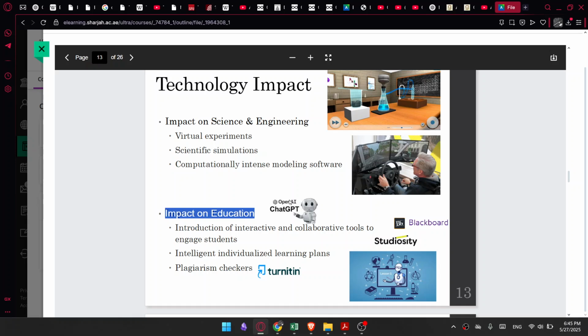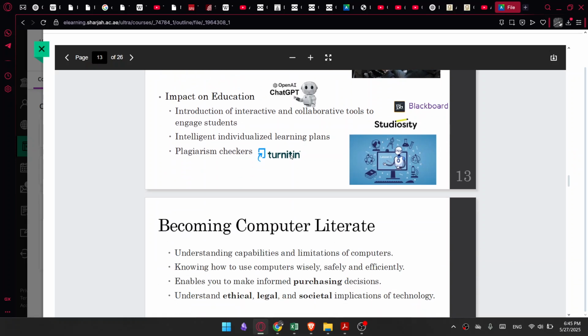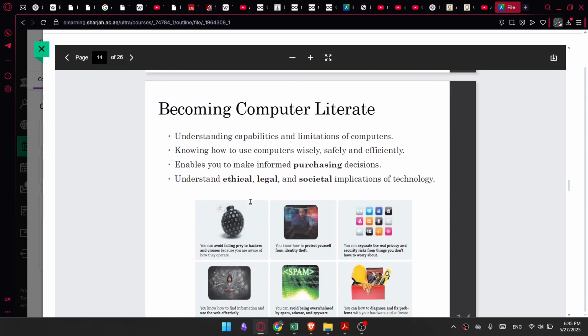Every day, life is developing. Becoming computer literate.